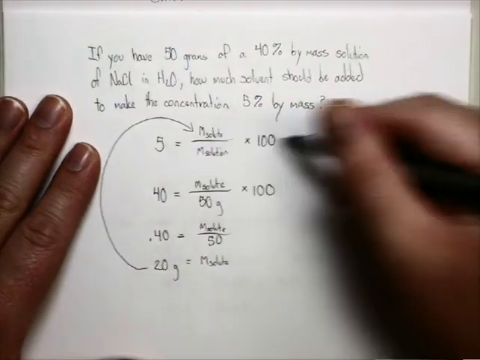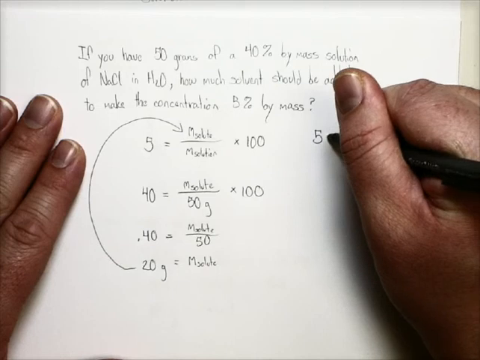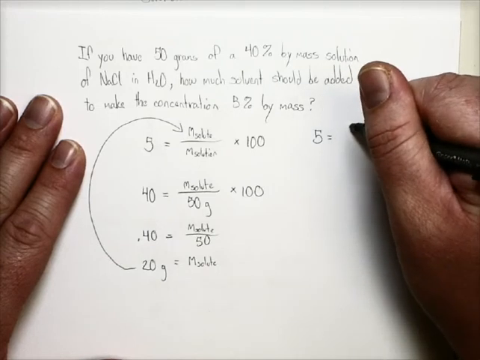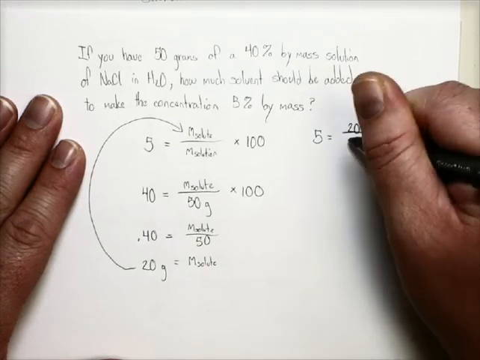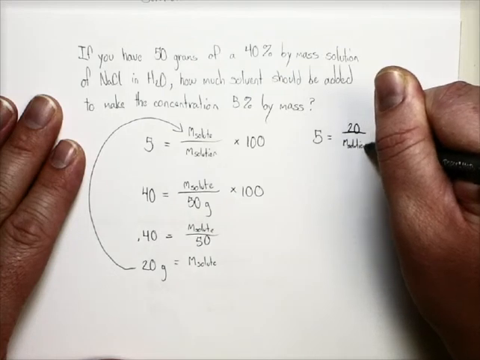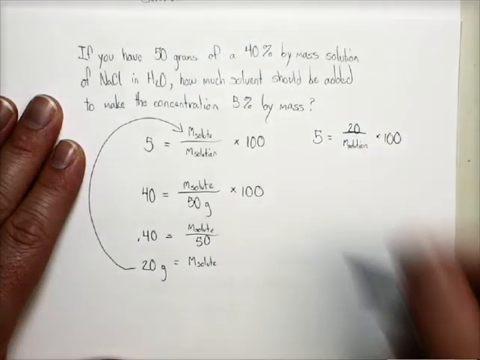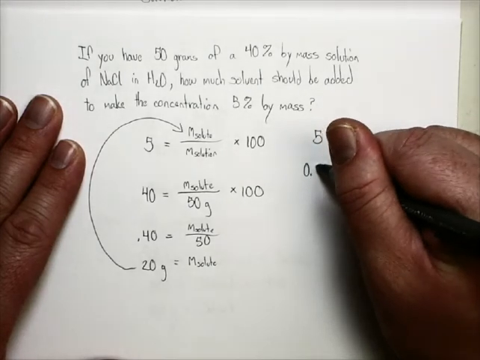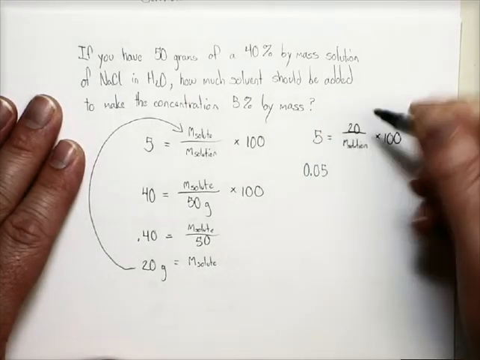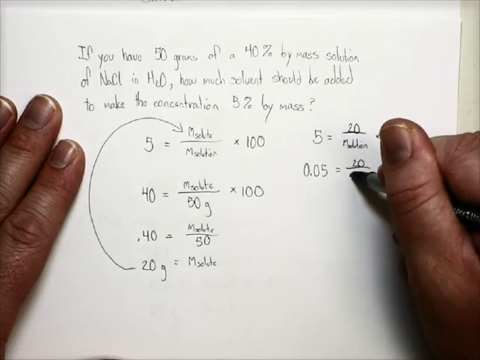So I'm going to work this on the side here. Note that this can get very messy very fast. So I know the mass of solute is 20. I don't know what the mass of solution I need is. Times 100. And just as before, we go through and solve this, and we end up with this situation.